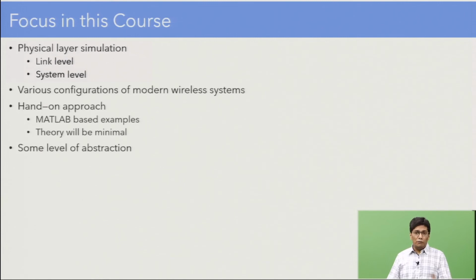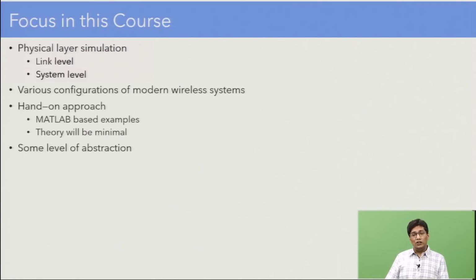We will of course talk about some theory wherever necessary, and we will use some level of abstraction, because when we go to the system layer, there are many links and you cannot do a link layer simulation for all of these links. So, we need to model the links in a way that does not complicate the overall simulation. The same thing will happen on the link layer also.